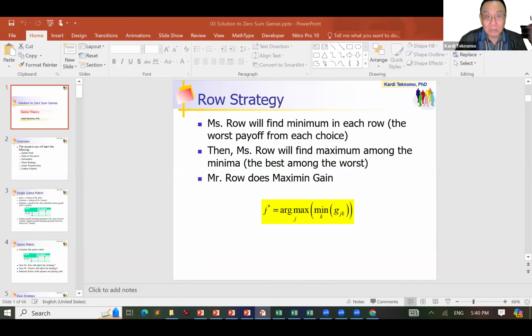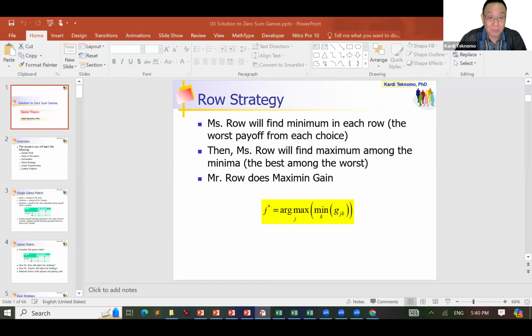For Miss Row, she will find the minimum in each row. What does that mean? It means the worst payoff for each choice. After that, Miss Row will select the maximum among the minima. That means getting the best among the worst.